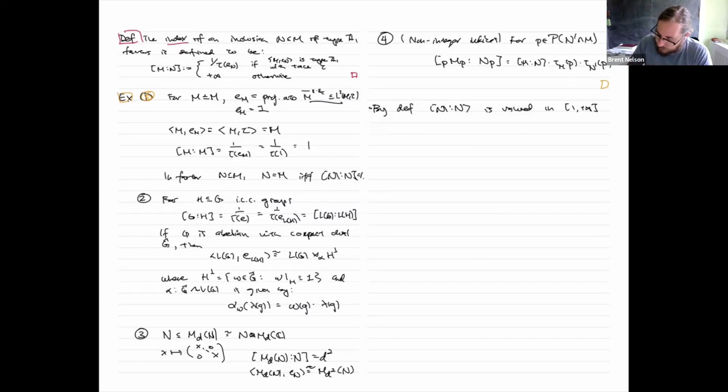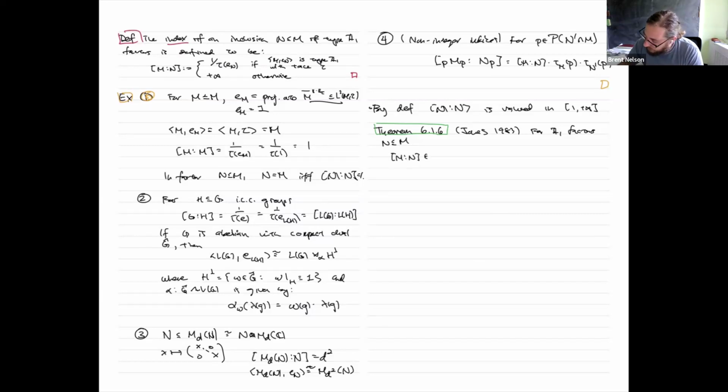Well, this is perhaps the main reason why people are so interested in this notion of index, the following theorem. This is due to Vaughan Jones, 1983. So for II_1 factors N inside of M, the actual codomain for the range of the index is the following.